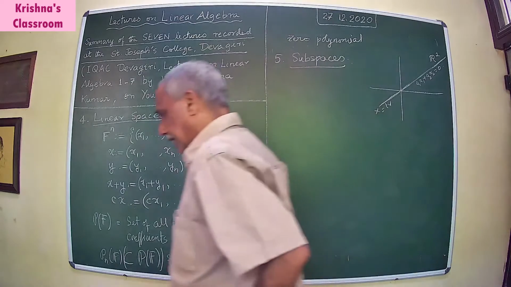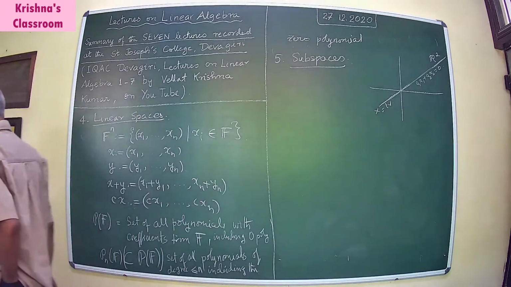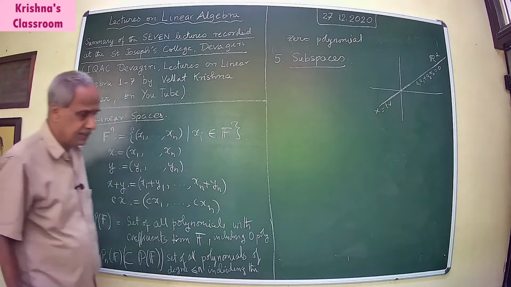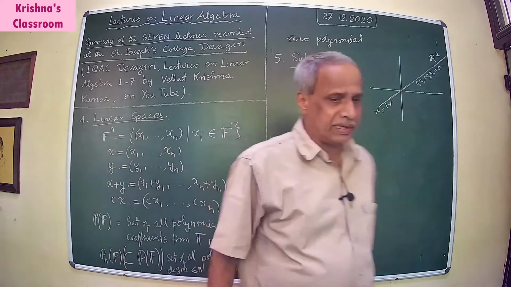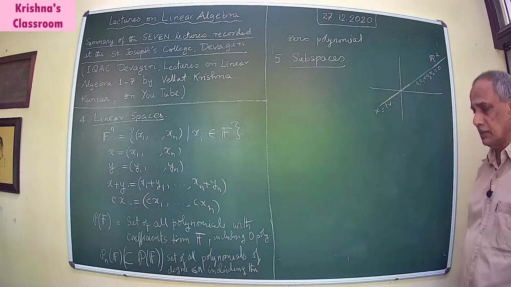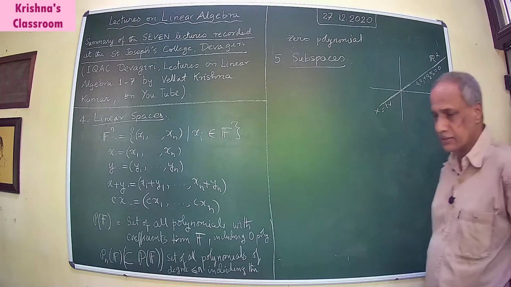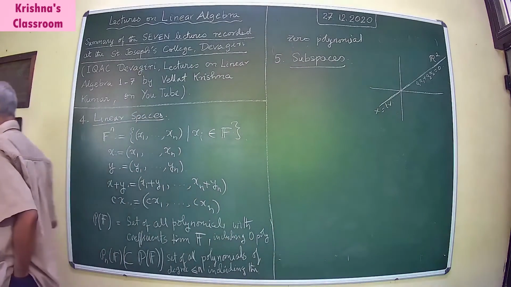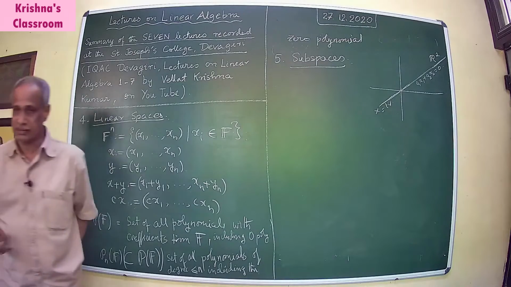And given a non-empty collection of vectors, there is always a vector space generated by them, in the sense of the smallest vector space that contains the given set.